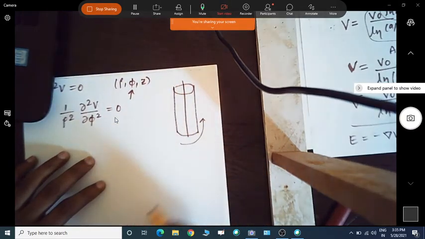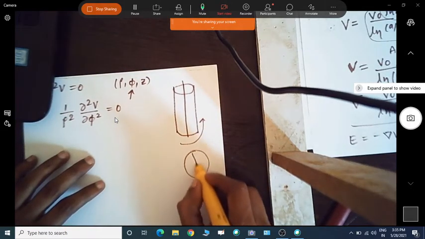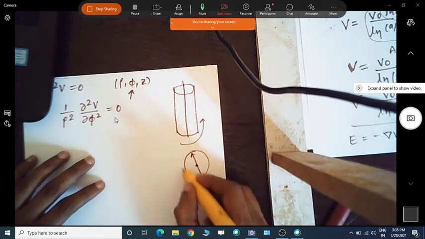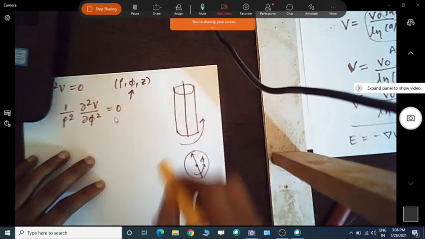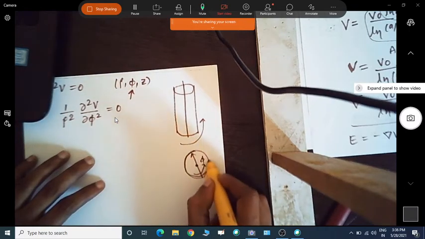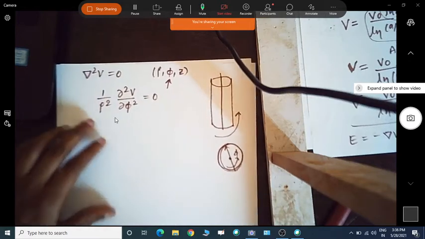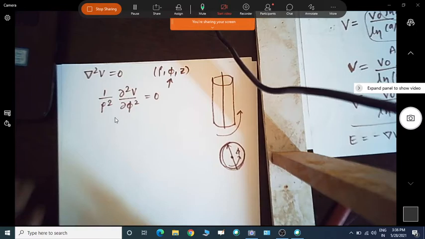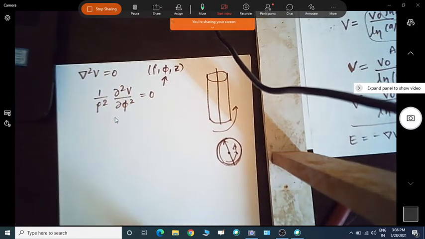Whatever angle you take, say from the bottom of this cylinder, we are going to have this phi variation. Only phi varies, but rho, the radius of the cylinder, will be constant. So don't think that even though rho appears in this equation, it is a constant. Now we can solve this with respect to phi.